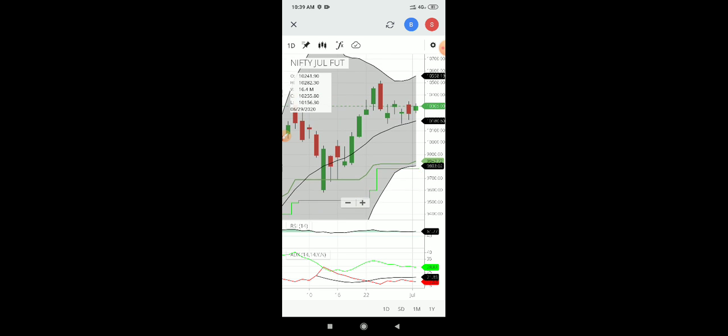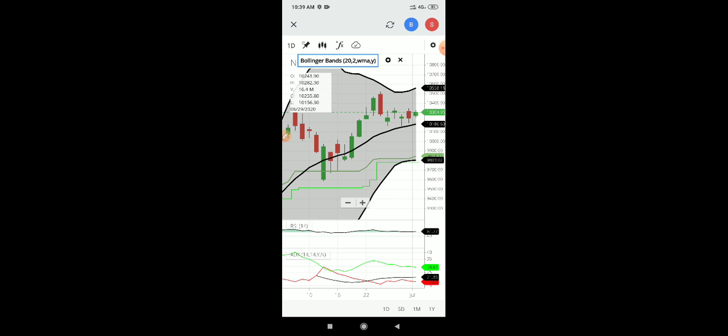It helps to select the option strikes by seeing the Bollinger Bands, lower end and upper end. Here the Bollinger Band lower end, that is support, is at 9,800.